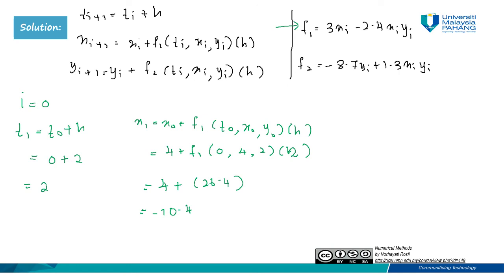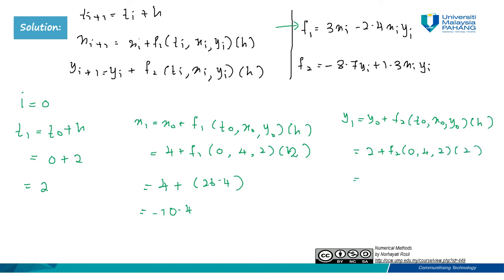How about y? By using the third formula, with i equals to 0, we will have y1 equal to y0 plus f2(t0, x0, y0) multiplied with h. Just substitute all the values we have. y0 is equal to 2, and in F2, T0 is equal to 0, X0 is equal to 4, Y0 is equal to 2, and H is equal to 2.